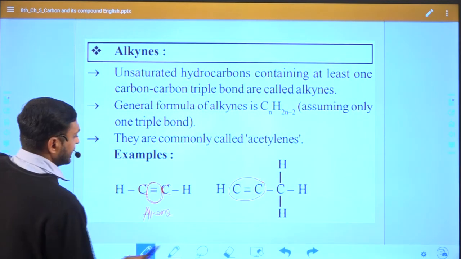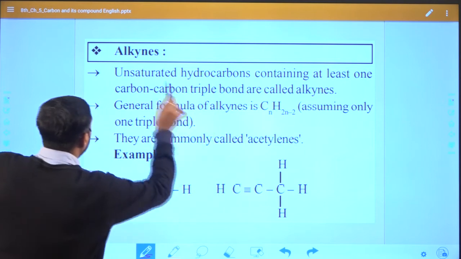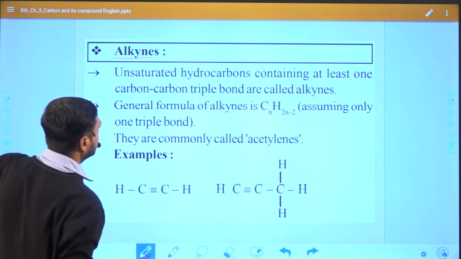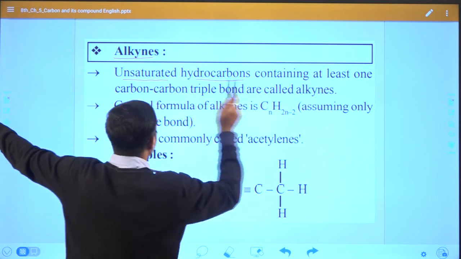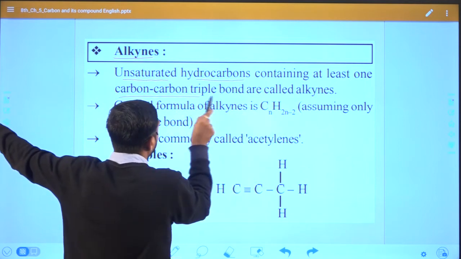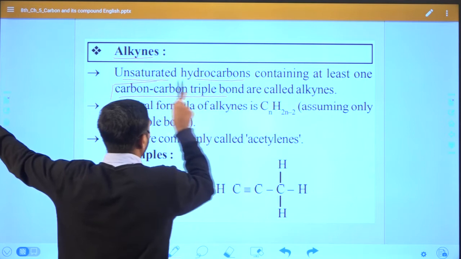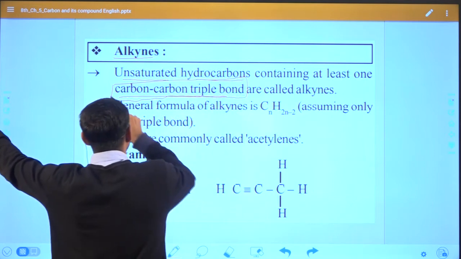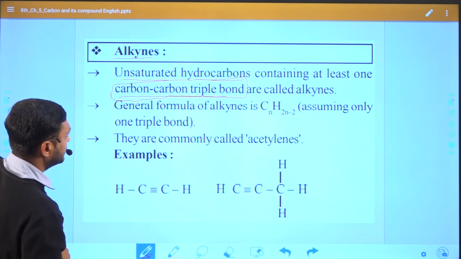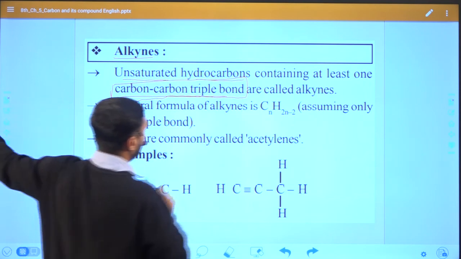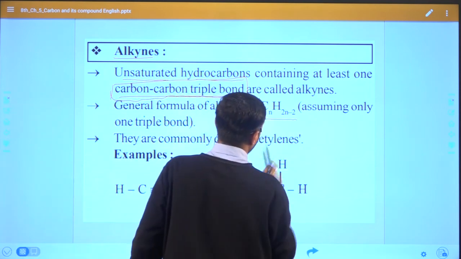Now the second category is known as alkyne. Alkynes are unsaturated hydrocarbons containing at least one carbon-carbon triple bond. That is very, very important. In the case of alkene, a double bond is present, while in the case of alkyne, a triple bond is present. The general formula of alkyne is CnH2n-2.